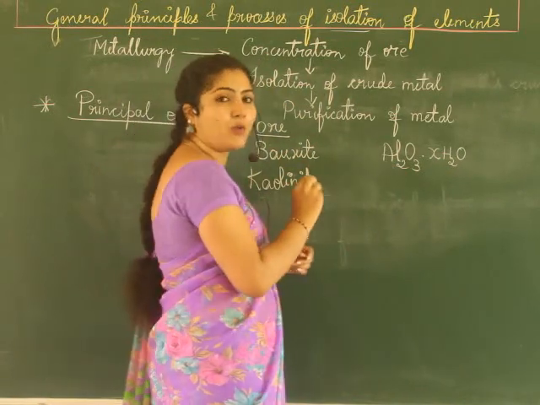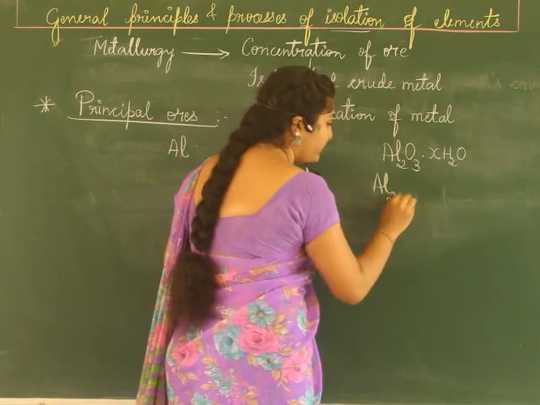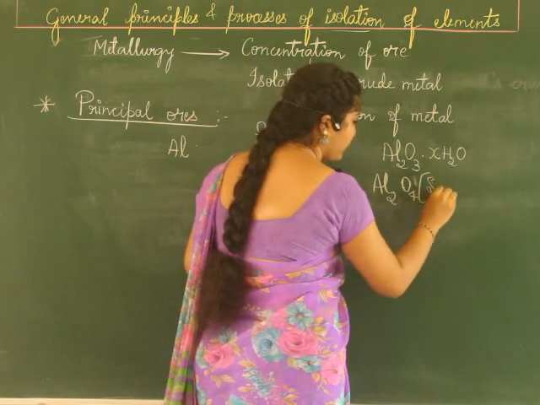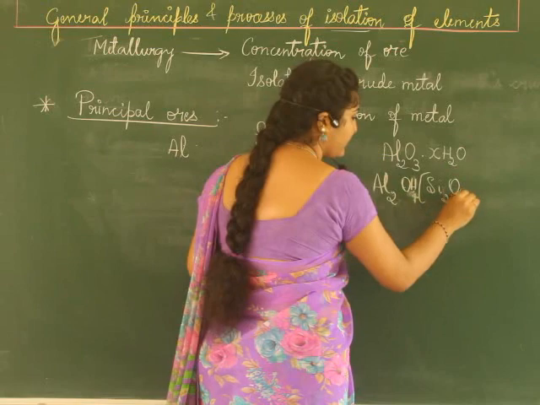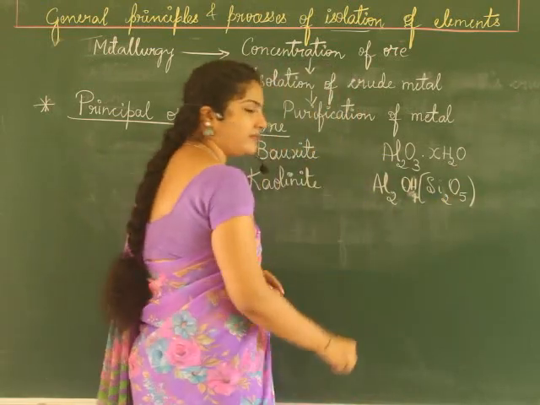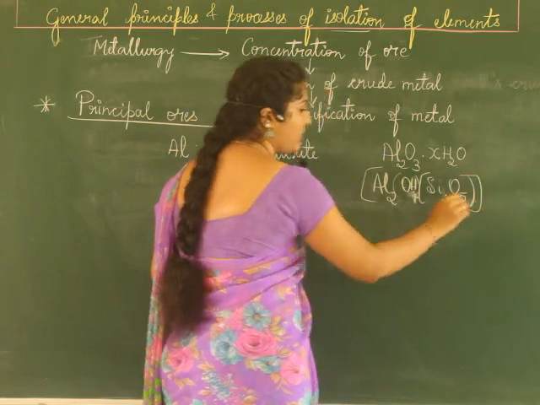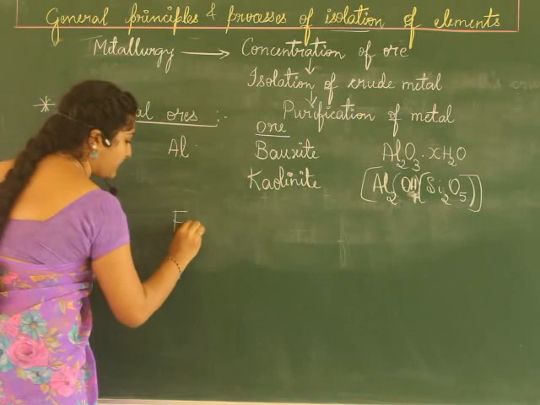It's also called alumina. Kaolinite is Al2(OH)4Si2O5.